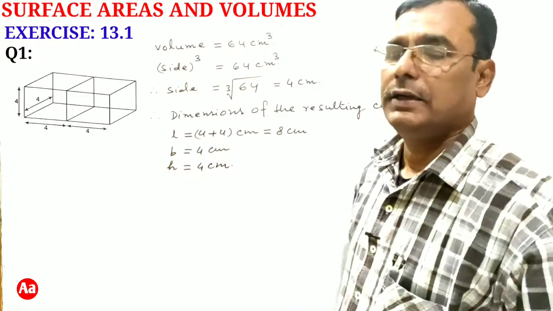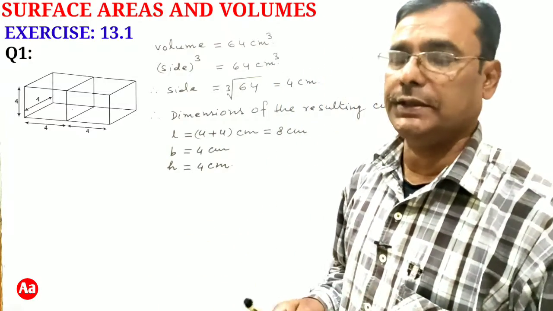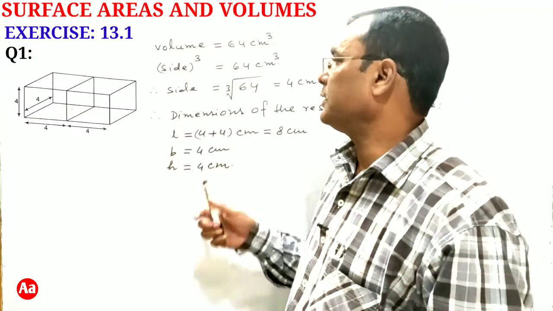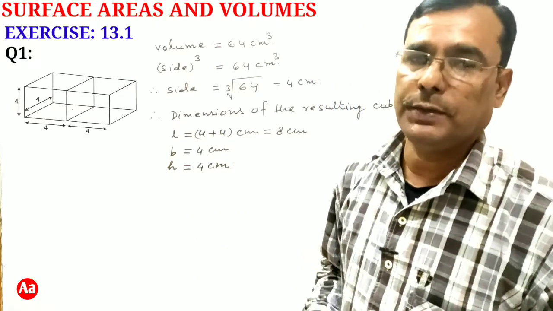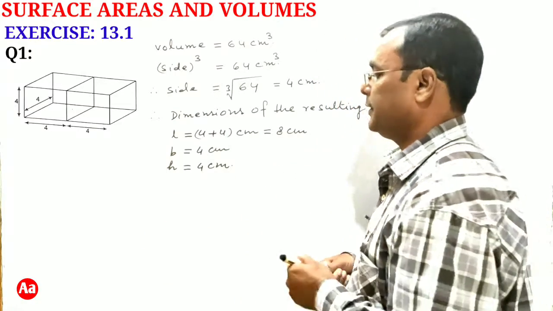So these are the dimensions of the resulting cuboid which are obtained by joining two cubes each of volume 64 centimeter cube, and we are going to find the surface area of this cuboid.